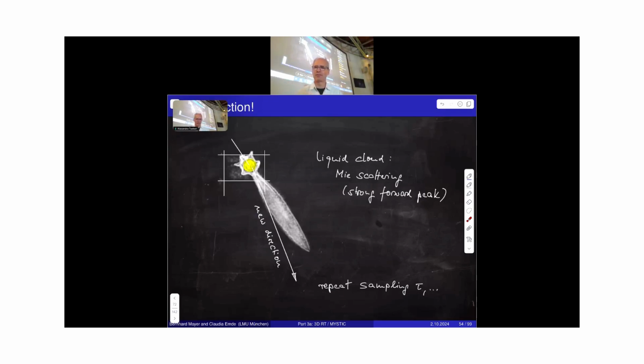And you can imagine more scatterings means it becomes a more expensive calculation. So that's the reason why the computational speed of the Monte Carlo model is related to the optical thickness. It's approximately proportional to the optical thickness. So if you have just a Rayleigh atmosphere, which is very thin, it can be quite fast. If you add a cloud with an optical thickness of 100, let's say 100 times the Rayleigh optical thickness, your computational speed will go down by a factor of 100.